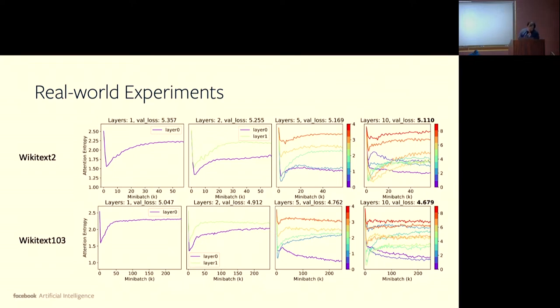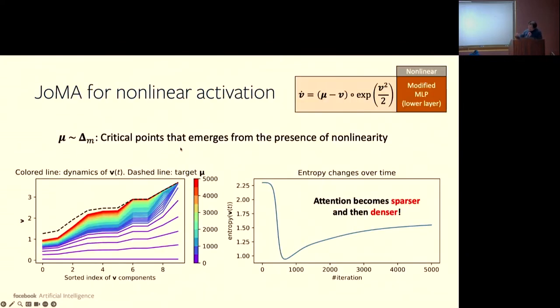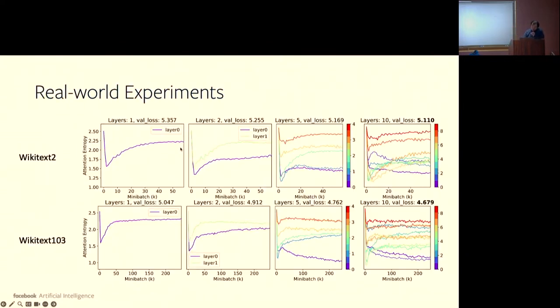Especially in the first layer, if you train a one-layer transformer with nonlinear activation, you see it first drops and then goes back up. It is very similar to the curve drawn by the theory. If you train multiple layers, you see very similar curves as well, especially in the top layers, where things drop and then come back. That's quite interesting.